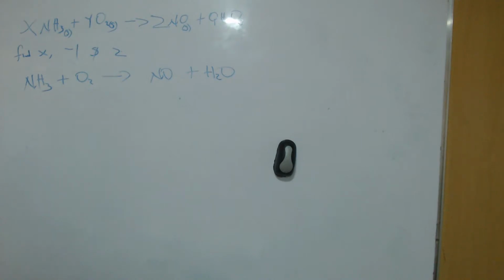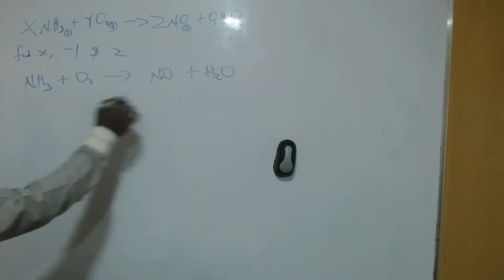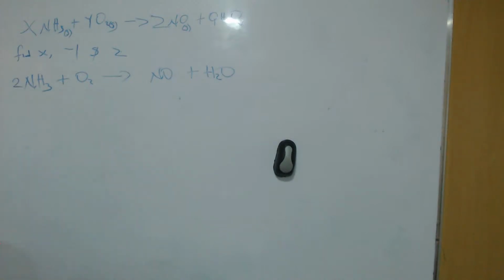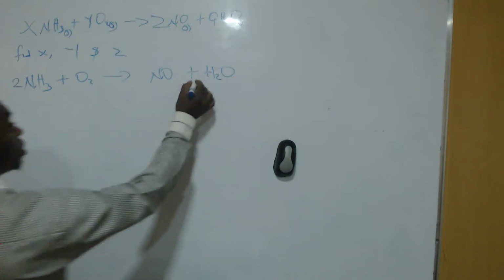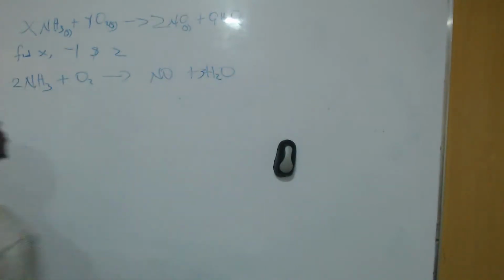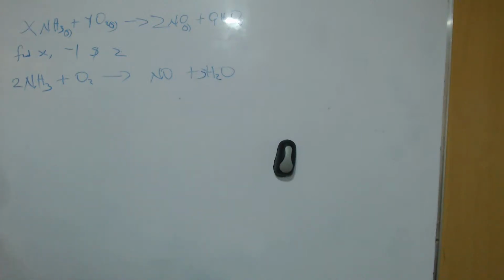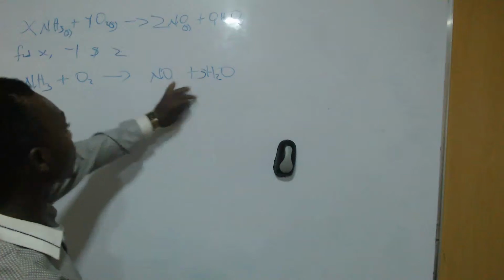Okay, let's put 2 here. If we put 2 here, the hydrogen is now 6. You now put 3 here. The hydrogen is now 6. Now your nitrogen has changed. The nitrogen is now 2. The oxygen is 2 here, and now here your oxygen is 4.